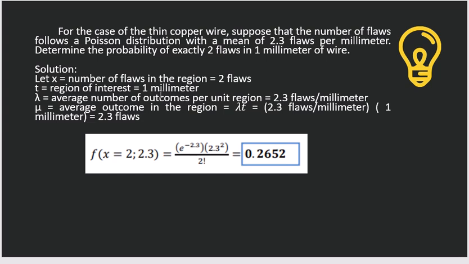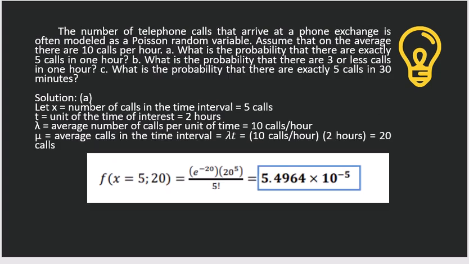Your region of interest is 1 millimeter, and the average number of outcomes per region is 2.3 flaws per millimeter multiplied by 1 millimeter, which equals 2.3. Just follow the scientific probability notation, and you're going to have the result of 0.2652.